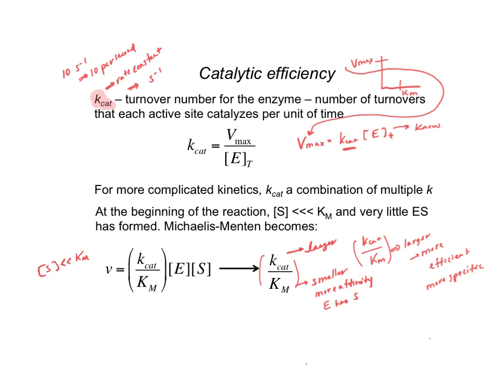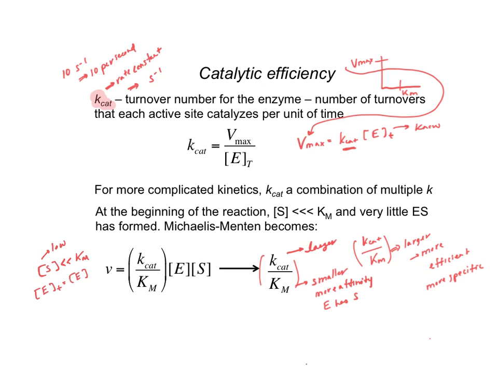Okay, so in that type of limit where we have very low substrate concentration, then we can also assume that all of the enzyme, so total enzyme concentration, is in the form of free enzyme because there's not enough substrate around to bind to our enzyme. So all of the enzyme is going to be free.